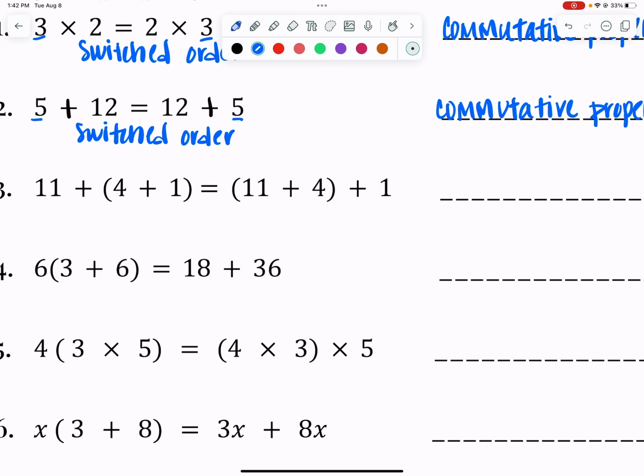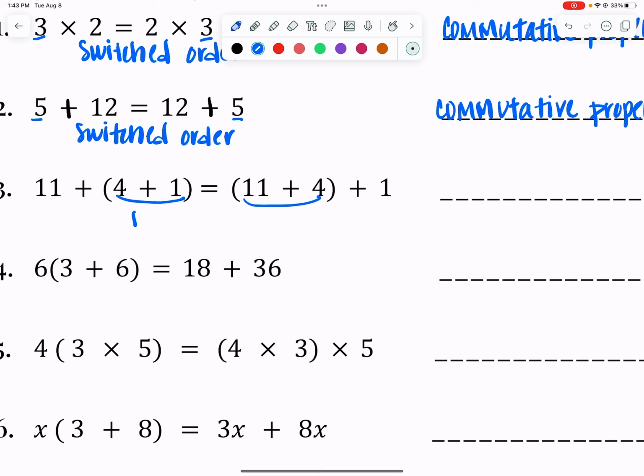On the left, we have the 4 and the 1 in parentheses. On the right, we have the 11 and the 4 in parentheses. So it looks like maybe 4 and 1 were friends in their same little group. And then maybe they had a fight and all of a sudden 4 has reassociated itself with 11.